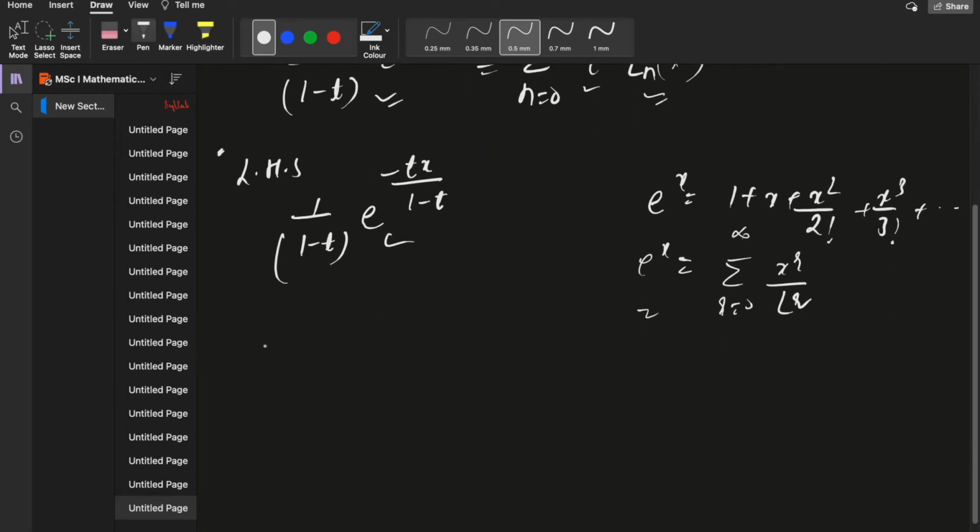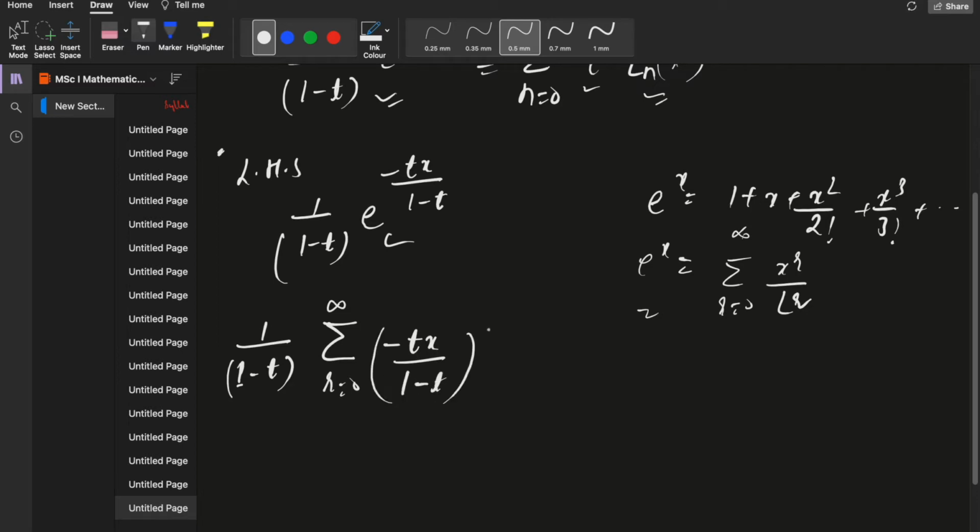So I can write 1 upon 1 minus t, and this term can be written as summation r tends to 0 to infinity, where x is our whole term minus t upon 1 minus t, to the power r, into 1 upon factorial r.